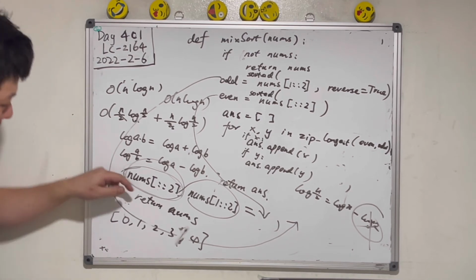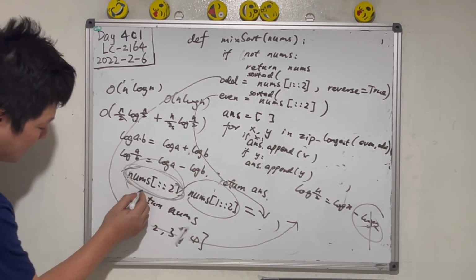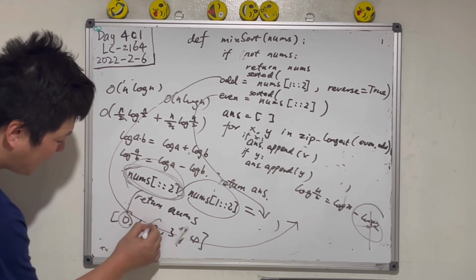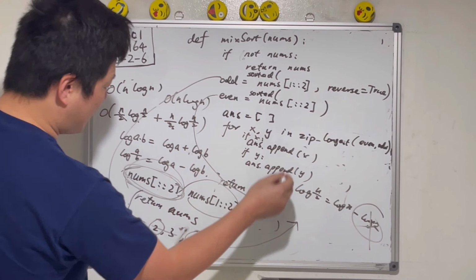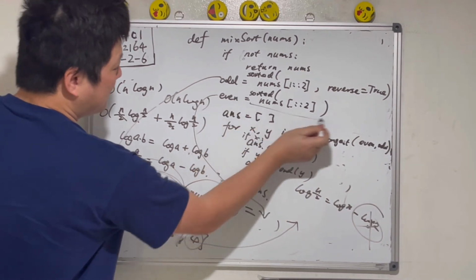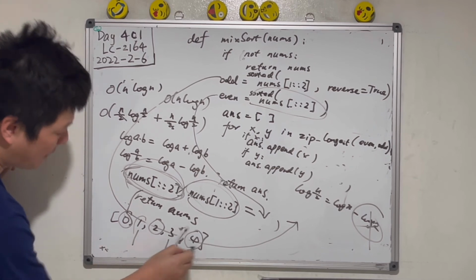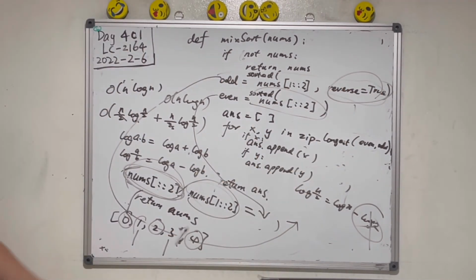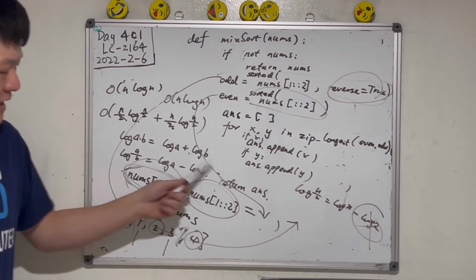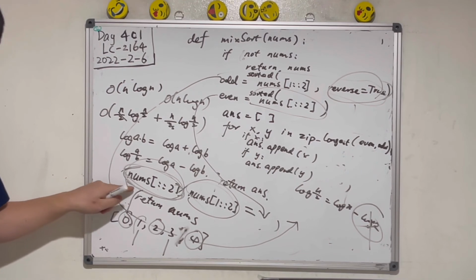Exactly. So this one I want to replace these three numbers with the sorted even, and this one I want to replace with the sorted reverse. Easy. In Python that's easy, using the Python syntax.